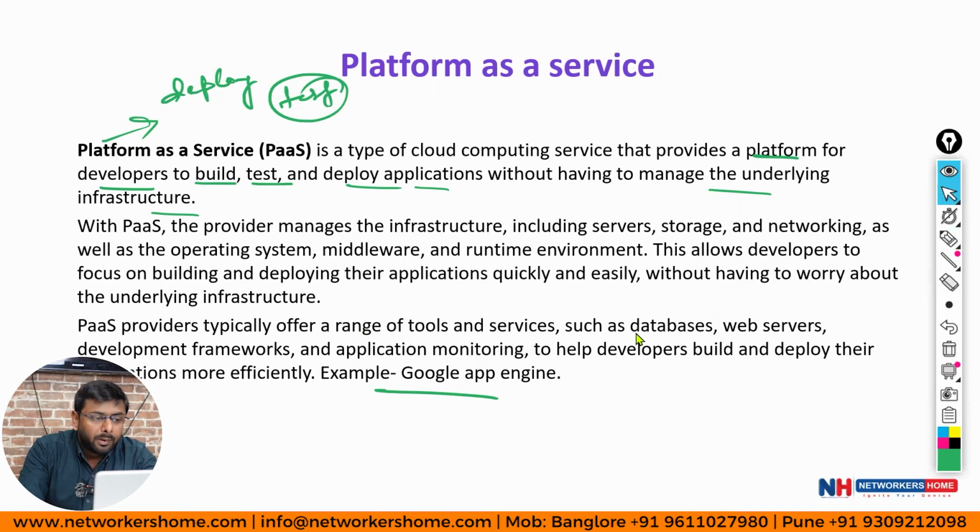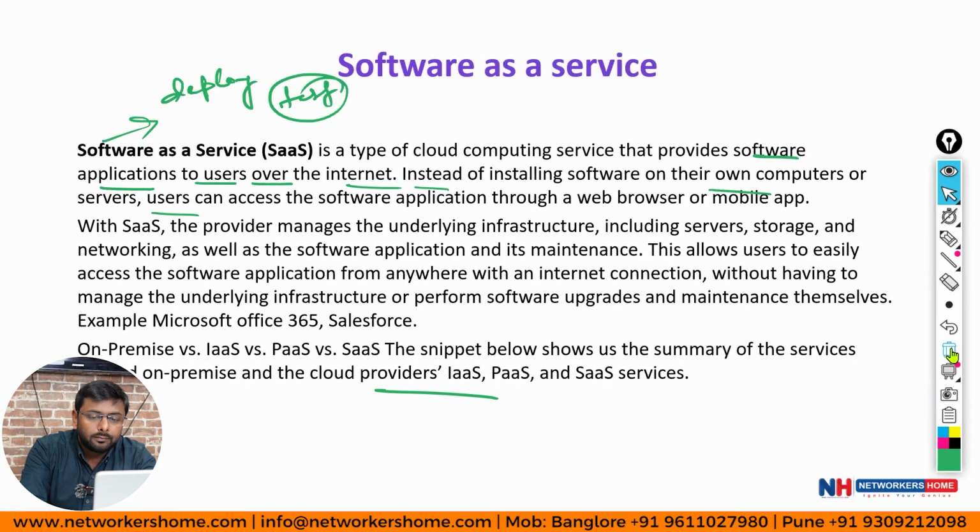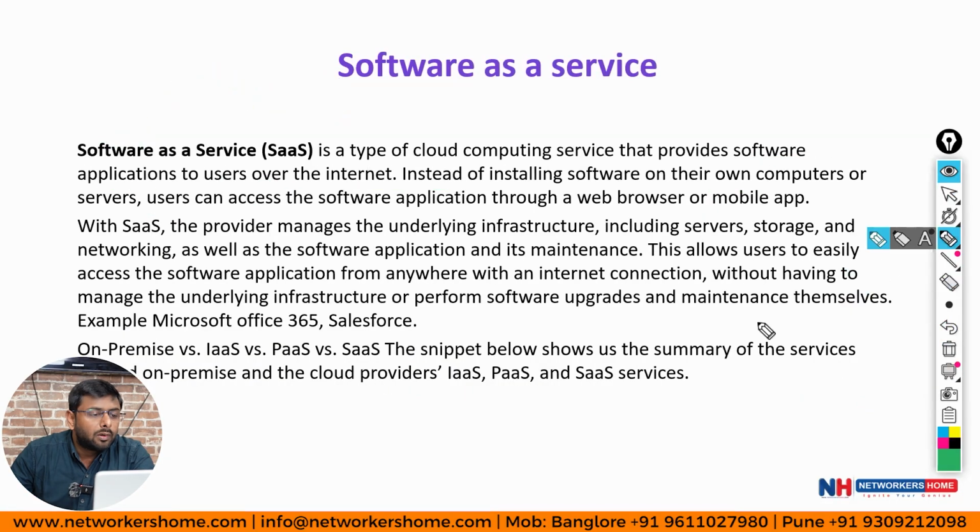And after platform as a service, we have one more that we call software as a service. Software as a service is a type of cloud computing service that provides software applications to the users. Instead of installing software on their own computers or servers, users can access the software applications through a web browser or a mobile app, with the help of the cloud.